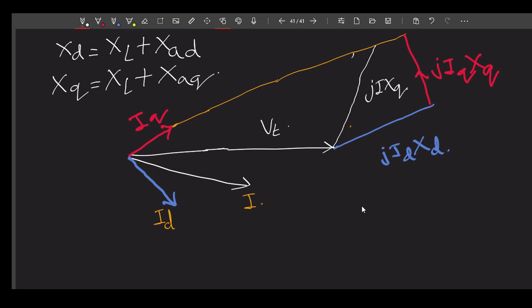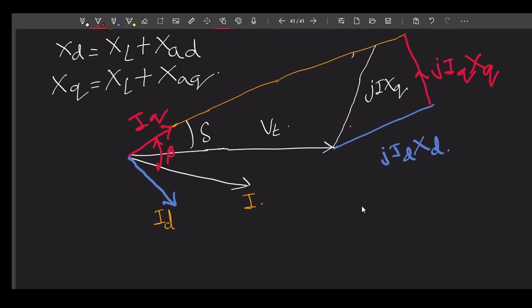However, this line is not very important. This angle is delta. This angle is beta.